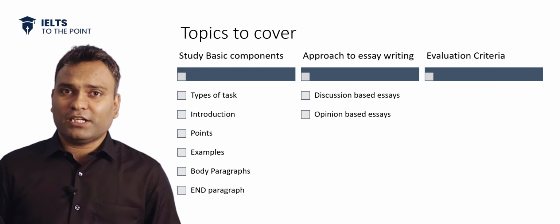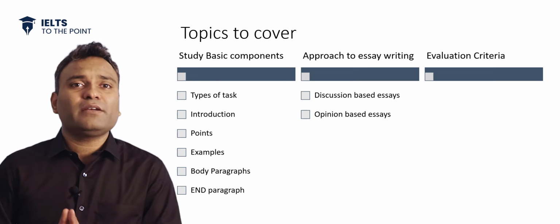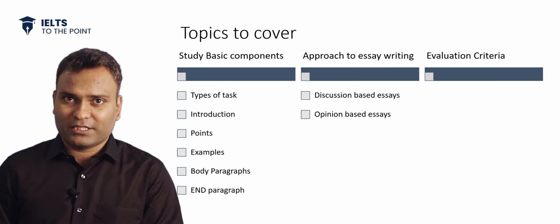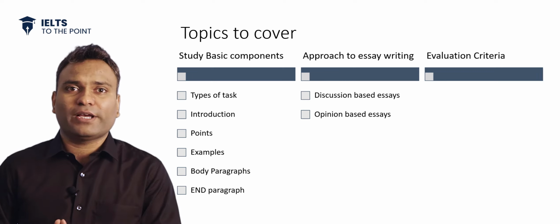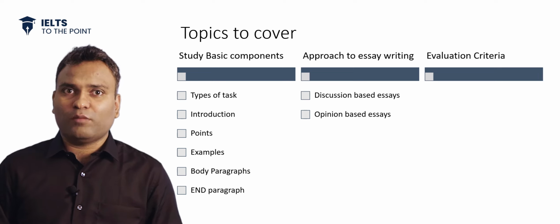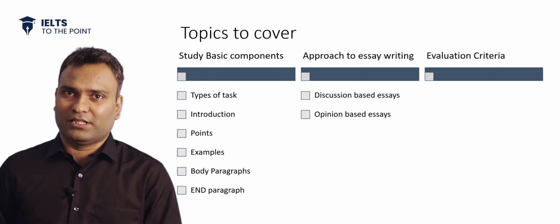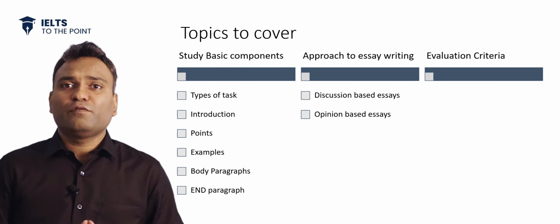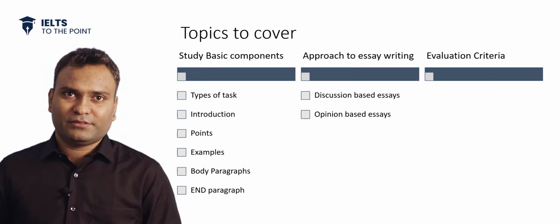First, we will study the types of the task, that is, different types of essays that might be asked in the real IELTS. Then we are going to learn how to write introductions, points and examples. Later, we will learn how to write body paragraphs using these points and examples. And lastly, we will discuss how to write an end paragraph.